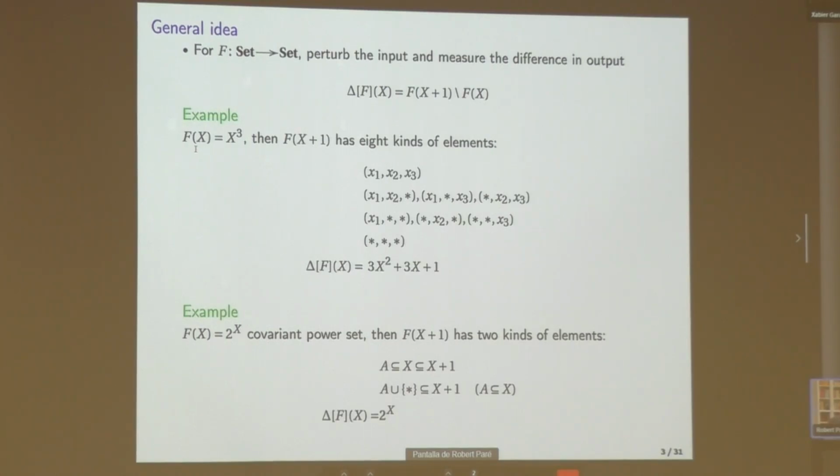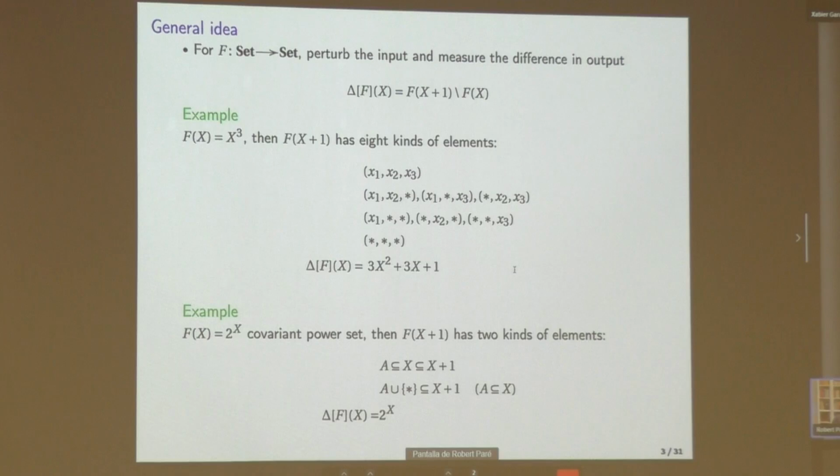So the first one is f of x equals x cubed. Then f of x plus 1. I take a functor that takes x to x cubed.